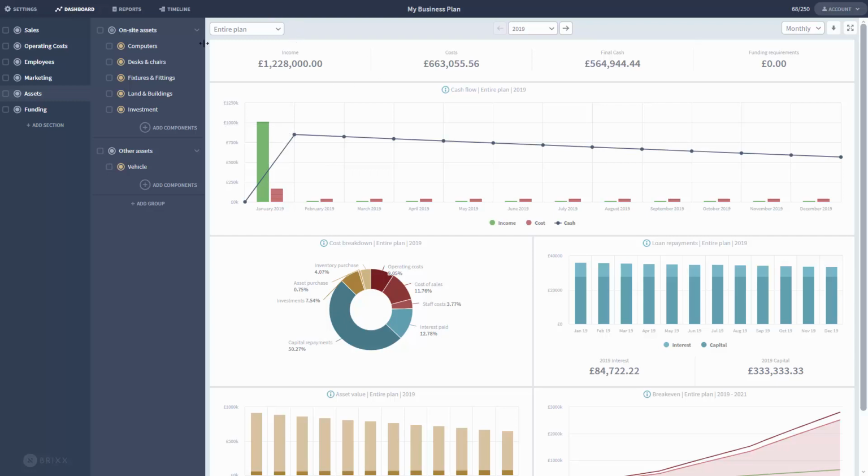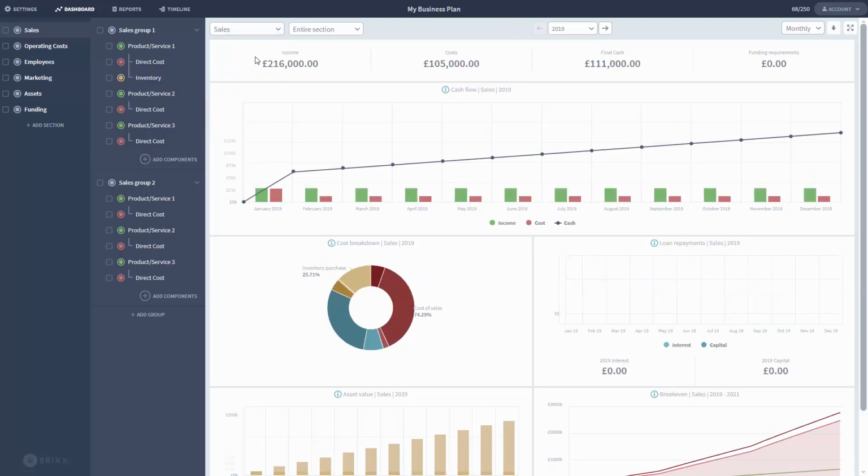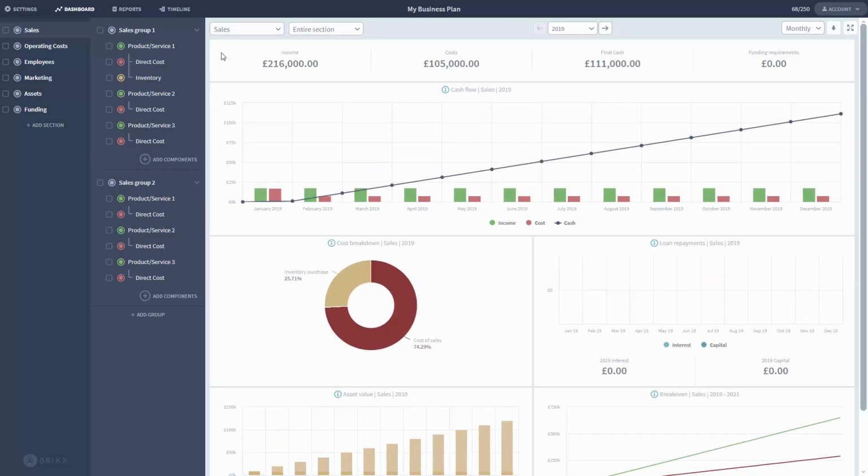We have this drop down here, which is a really useful way of drilling into your dashboard. You can see we've got a list of items here, which actually reflects the list of items on the left. And if I hit sales now, it's just showing me the numbers for what's in this sales section. And this is going to become really obvious when I go to some of the other ones.